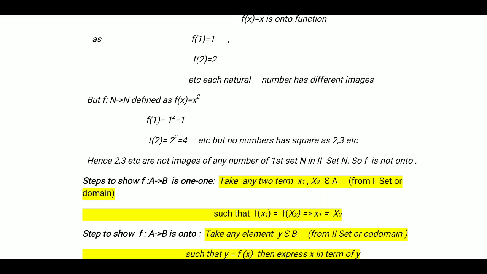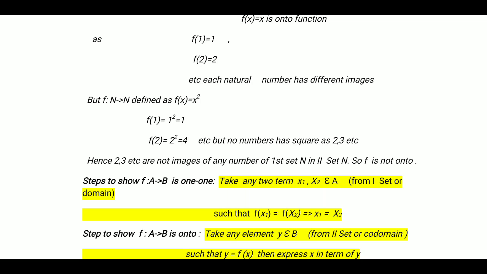But we see that in the second set, 2 and 3 are such elements which are not the square of any element of the first set.